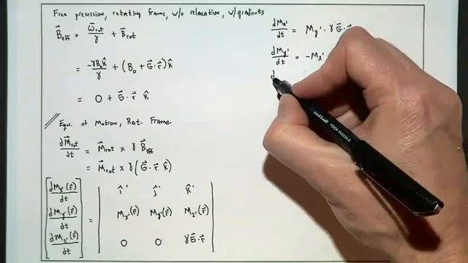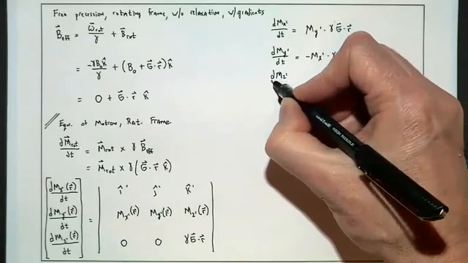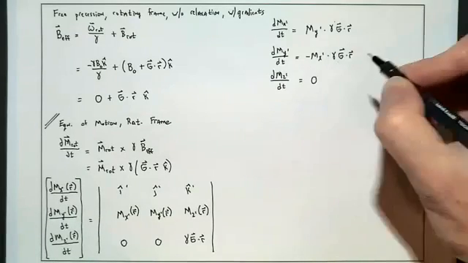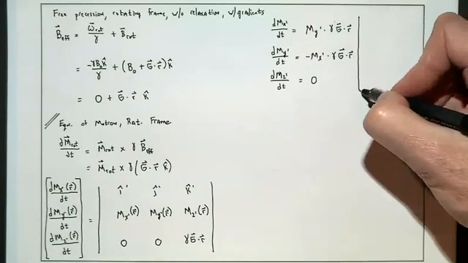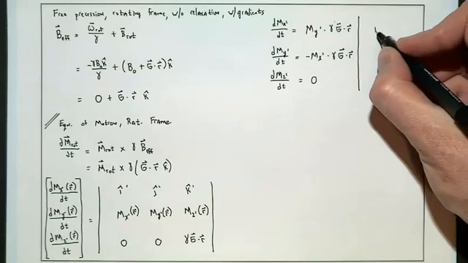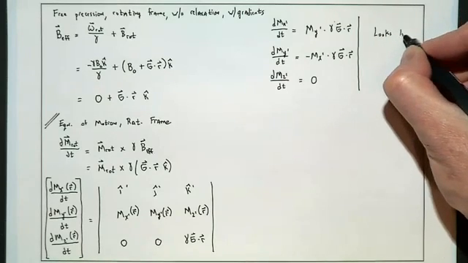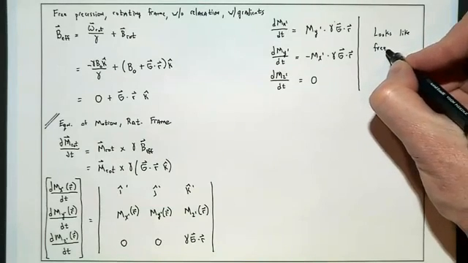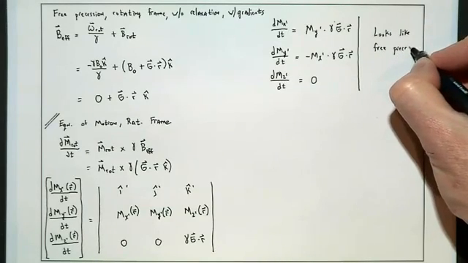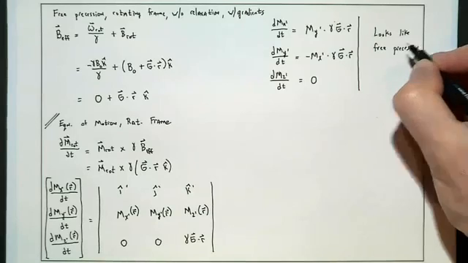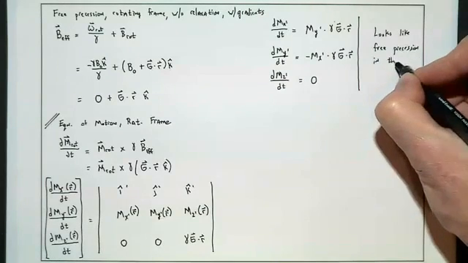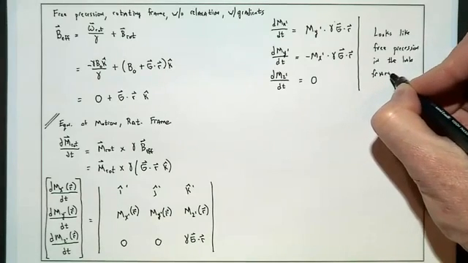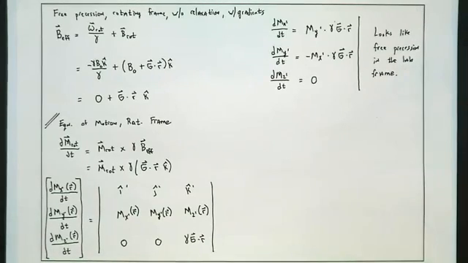And then a little bit less interesting is our dmz prime dt term, which is just equal to 0. And so hopefully that looks really familiar. This looks a lot like free precession in the lab frame, in terms of the system of equations that we're left with.